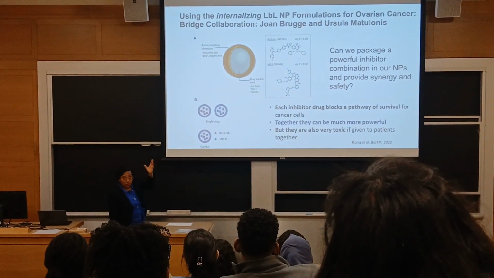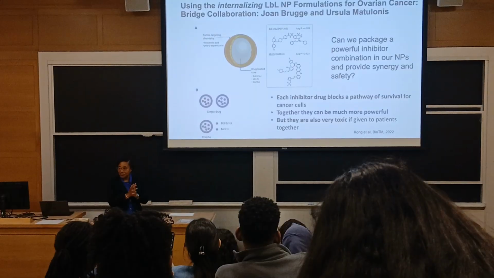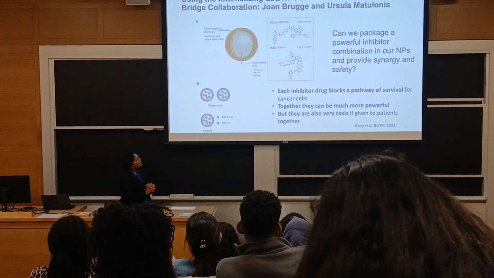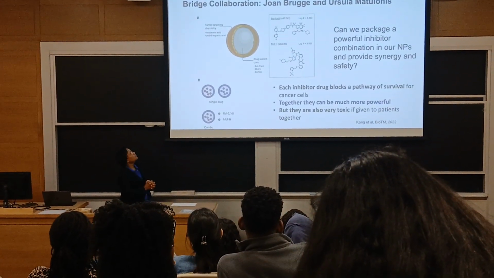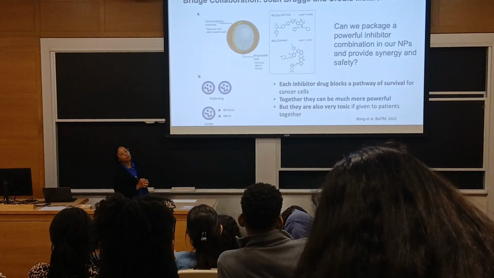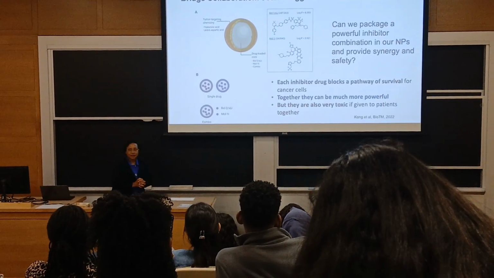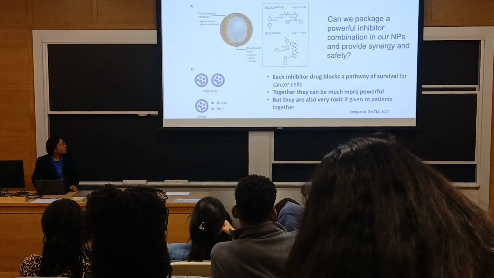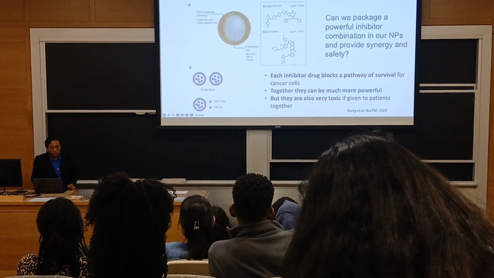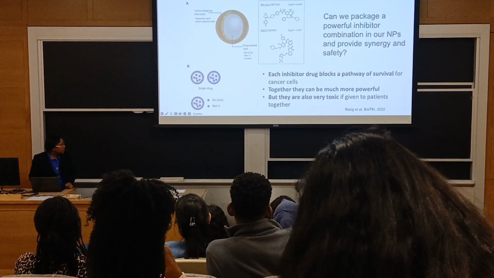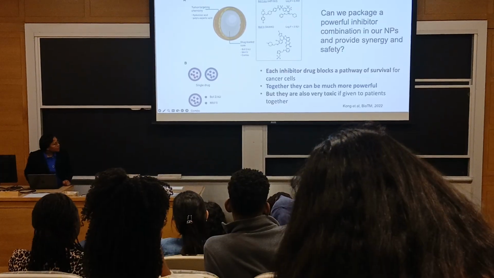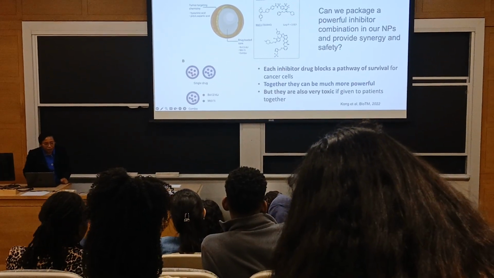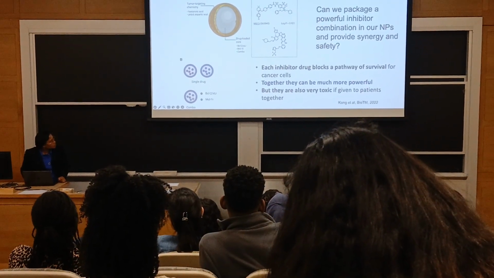But together they're super toxic, they synergize, and so you can't give a patient these two together. And Joan's question was, can you incorporate them in a nanoparticle and kill the cancer without hurting the patient? So we did work in which we put them in two different nanoparticles, and we put them together in one nanoparticle. We found that the one that has both drugs together is much more powerful.